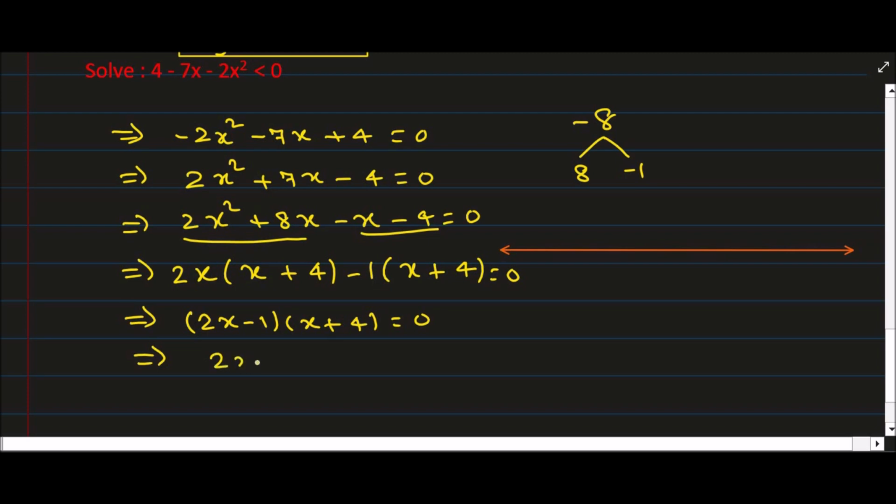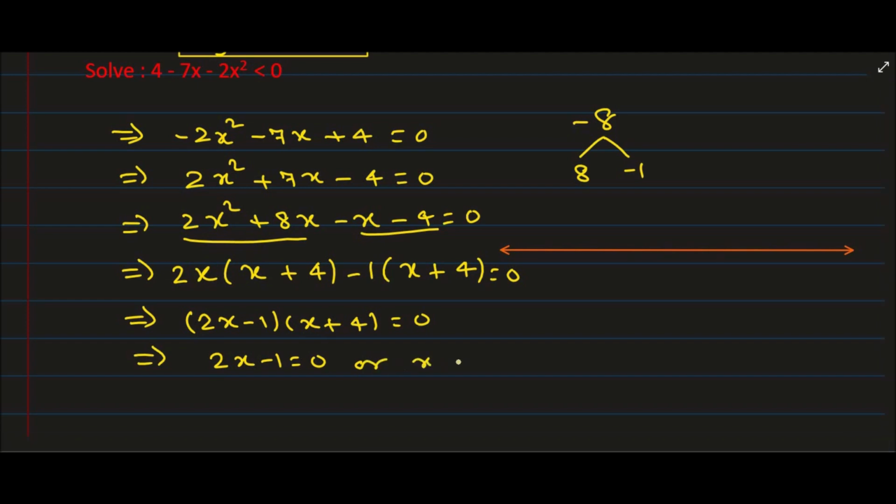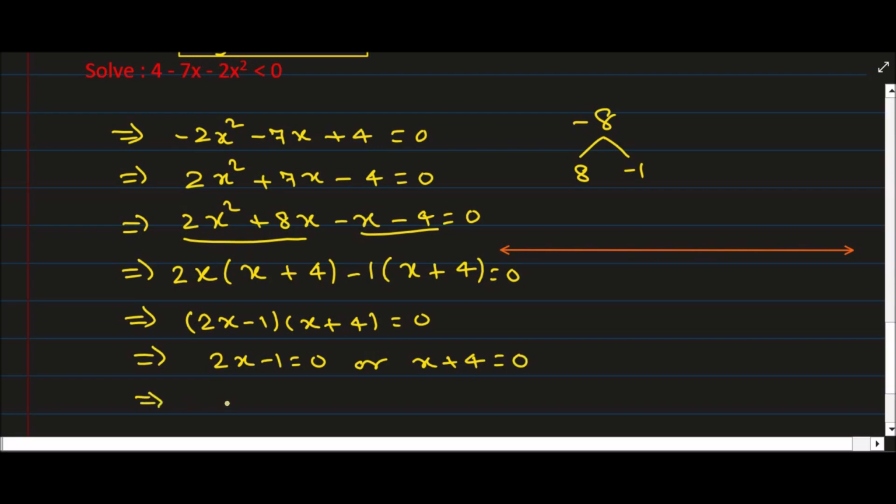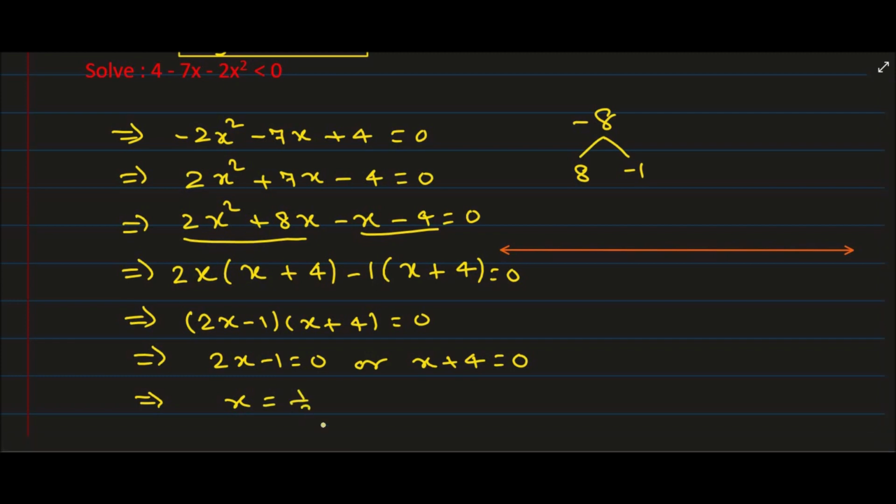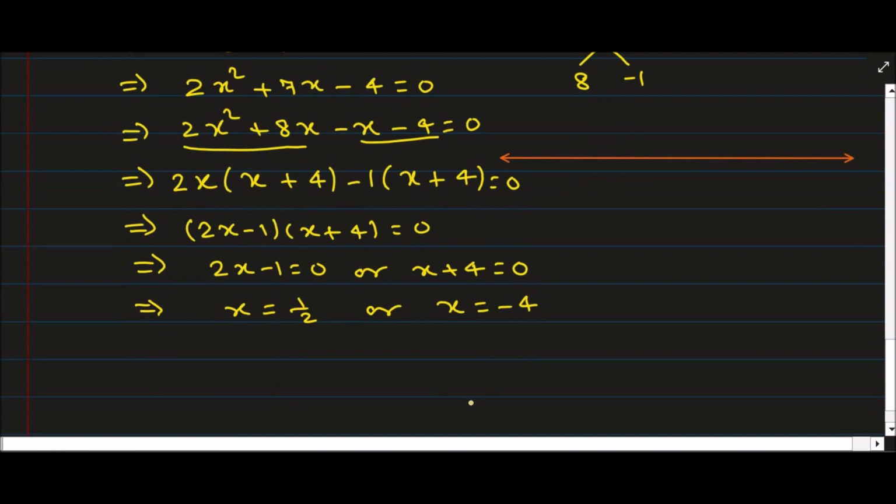So 2x minus 1 is equal to 0, or x plus 4 equal to 0, so x equal to 1 by 2, or x equal to minus 4. So our critical values are x equal to half or x equal to minus 4.